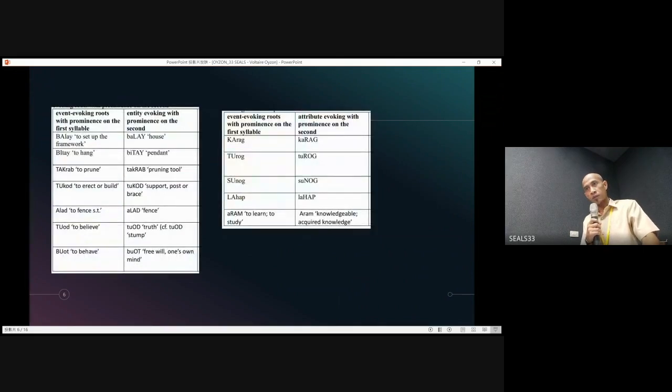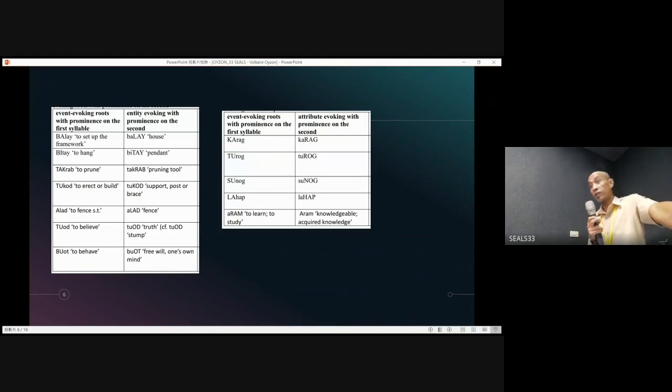So, for example, we have event-evoking roots with prominence on the first syllable, and then they could shift their category into entity-evoking roots with prominence on the second syllable, like balay and balay, bitay and bitay, crap and crap.